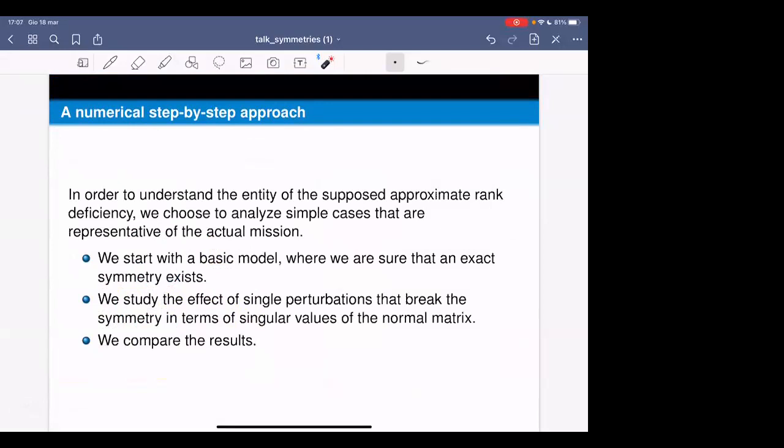So we started from a very simple case where we know that there is an exact symmetry, so an exact rank deficiency, and then add perturbations which are present in the BepiColombo setup in order to understand the effect of each perturbation on the basic model, the one where we have the exact symmetry. And then we try to see what happens.